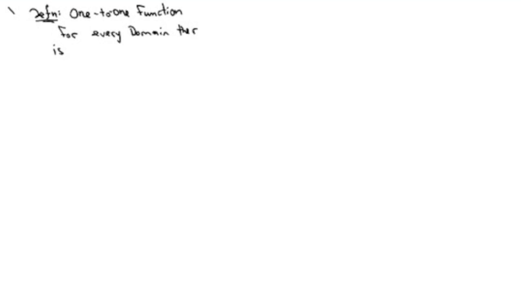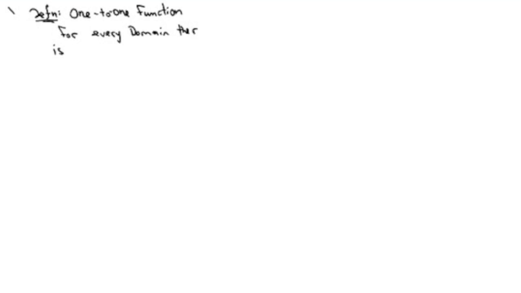Alright. So, definition time. The definition of a one-to-one function is almost identical to the definition of a function, except for one word. For every domain there is, this is where it gets a little different.